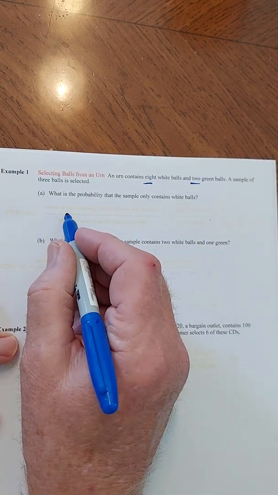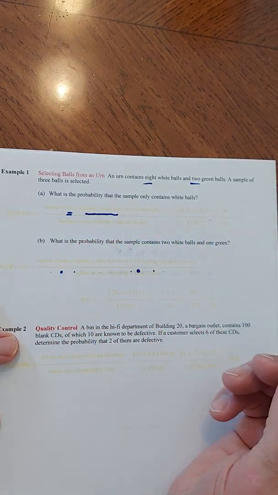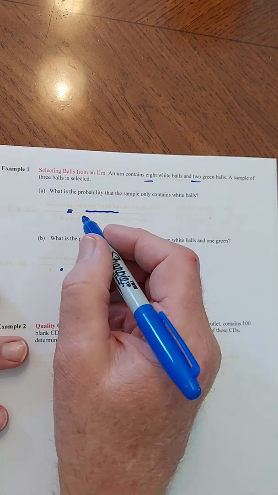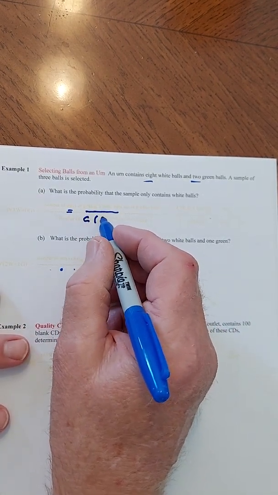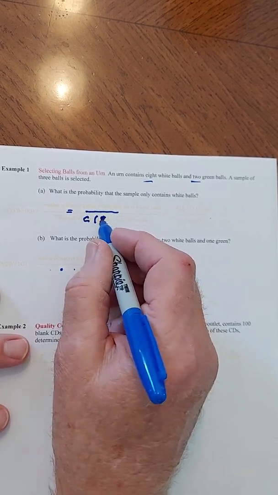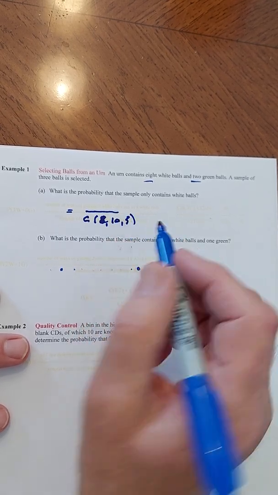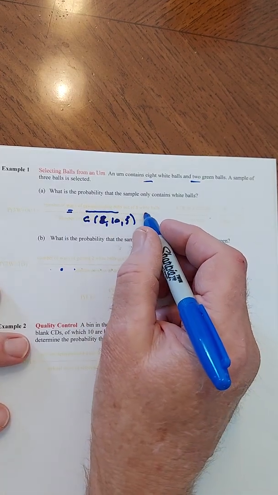So first of all, let's look at the bottom number. I want the total number of different things. You've got 8 balls in there. This is a combination of 8 picking 3. I'm sorry, a combination of 10 picking 3, because it's all of the 8 white and the 2 green, and that's going to give me some number.